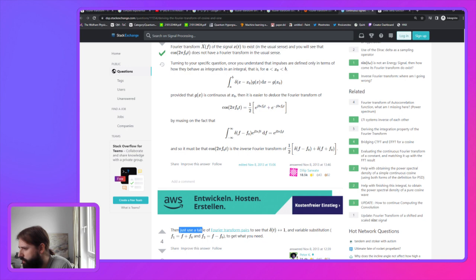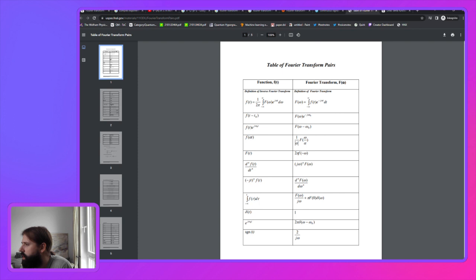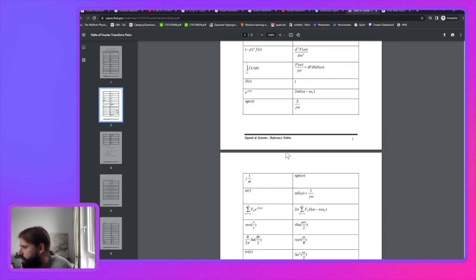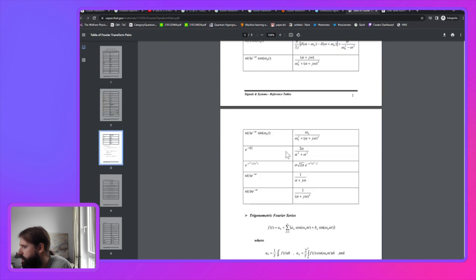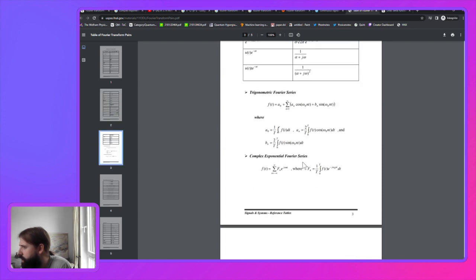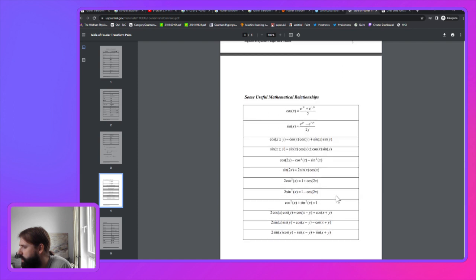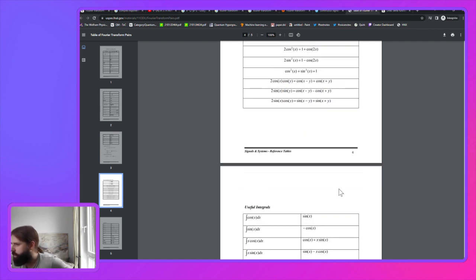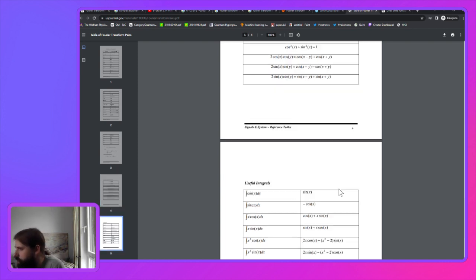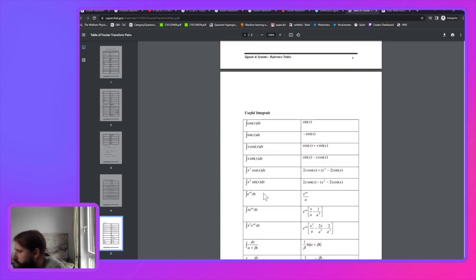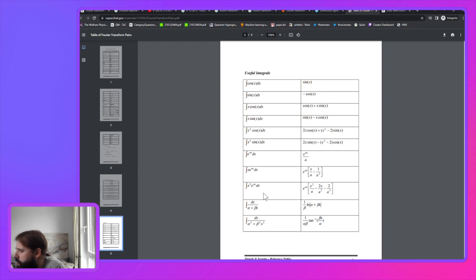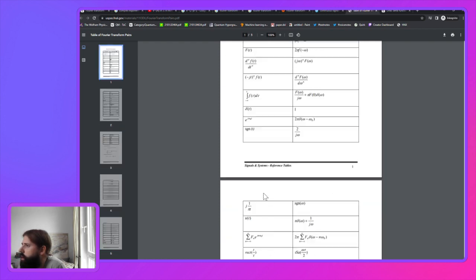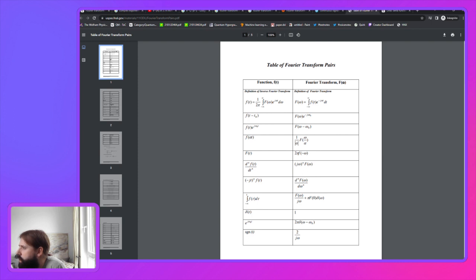Then just use the table of Fourier transform pairs. What? Oh god, what? Useful integrals, blah blah blah. Yeah. Fourier transform.